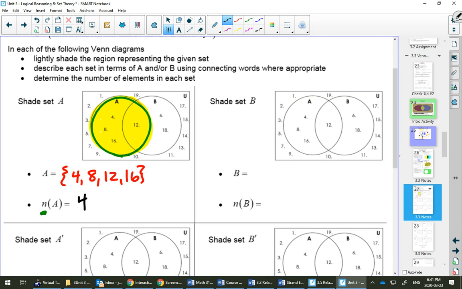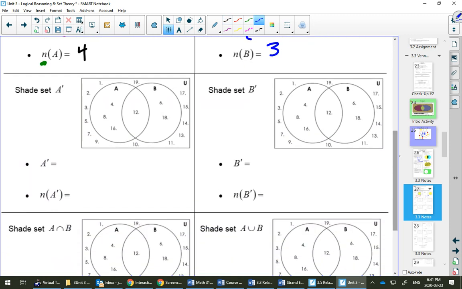If I was shading set B, I'd be shading just the circle B, and my elements would be 6, 12, and 18. So the number of elements in B would be 3.